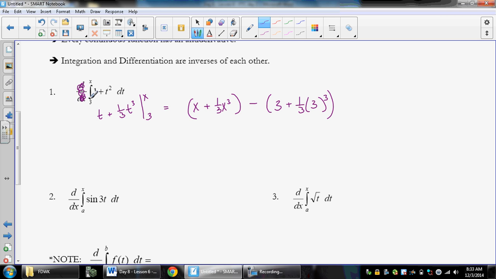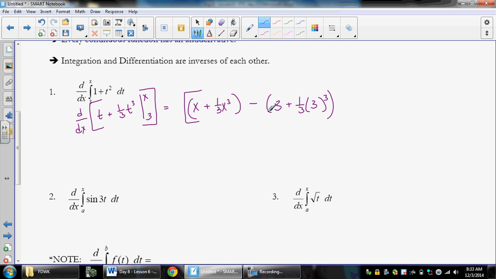Right? So the definite integral from 3 to x of 1 plus t squared is this. Well, I wasn't supposed to just take the integral. I was then supposed to differentiate that integral, so I take the derivative of the result with respect to x.